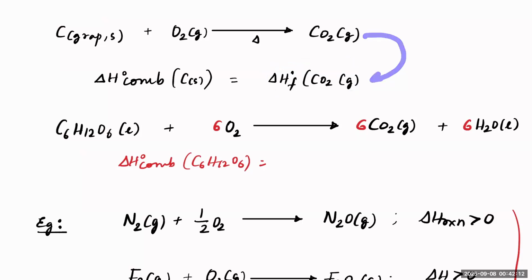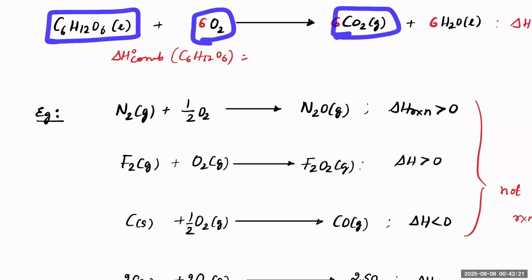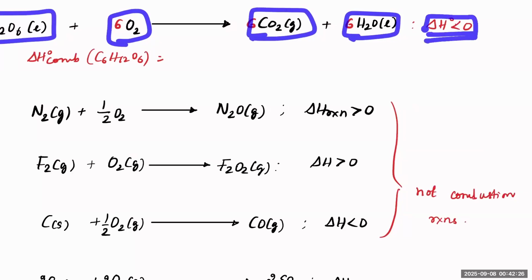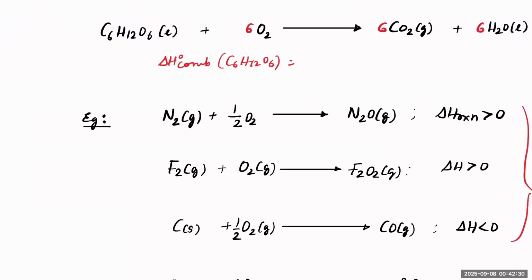Similarly, if you have glucose plus O2 giving CO2 and H2O, only if delta H naught is less than 0, that means it is exothermic, then we call it combustion. So this is delta H of combustion of glucose, which is the same as delta H of this reaction.